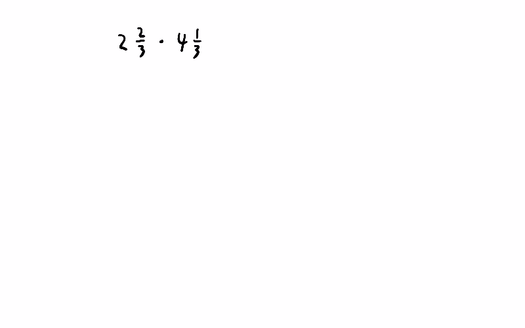If we were doing addition, thinking of 2 and 2/3 as 2 plus 2/3, and 4 and 1/3 as 4 plus 1/3, would make this a fairly easy problem because 2/3 plus 1/3 is 1. 2 plus 4 is 6, and so we would get an answer of 7 if we were to add the mixed numbers. But that's not what we're asked to do in this problem.